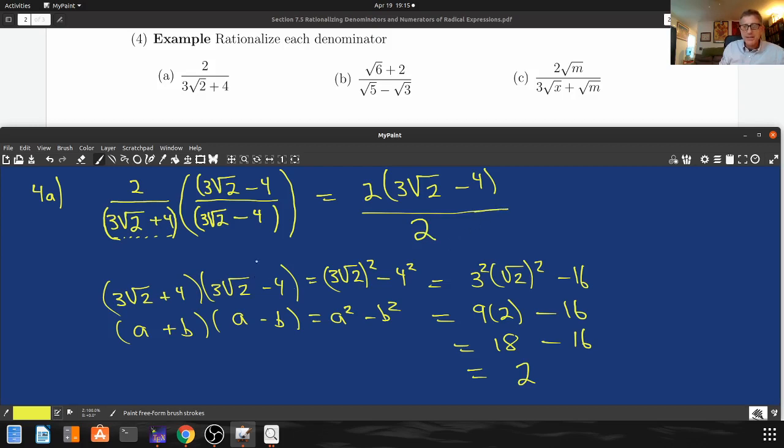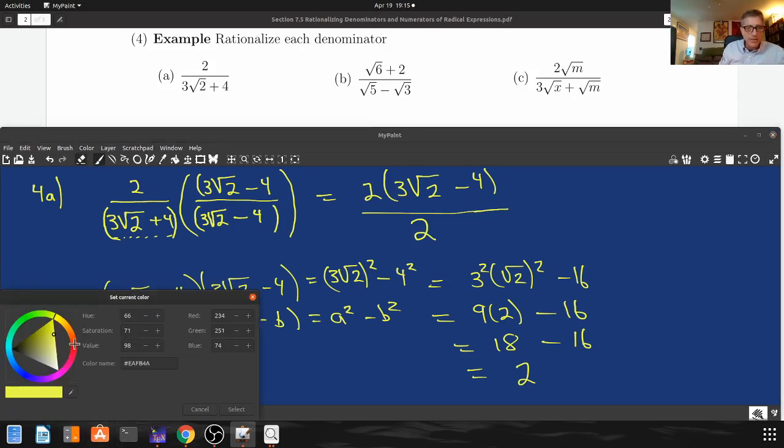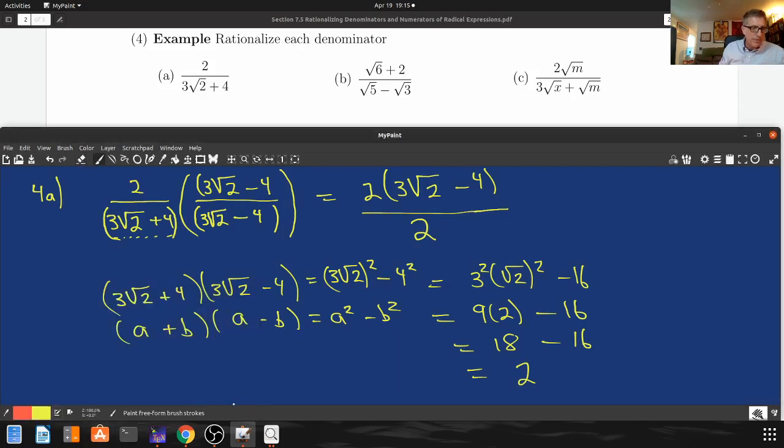Now how nice that I did all of this work down here before I did anything up here. Because now the numerator and the denominator both have a factor of 2. And that's going to cancel out.